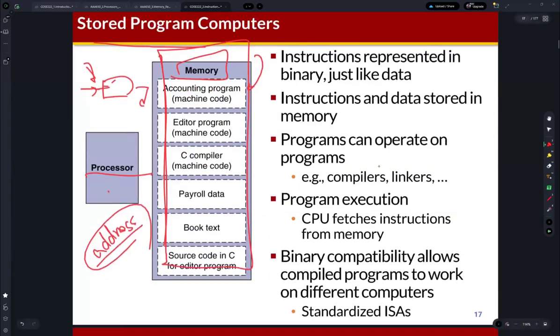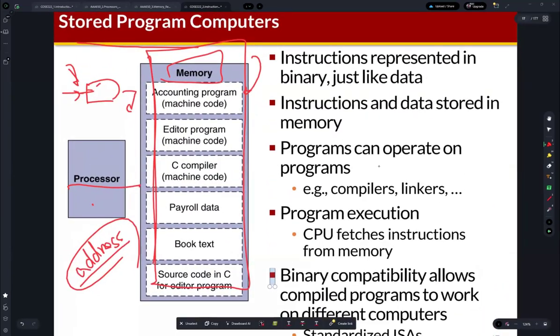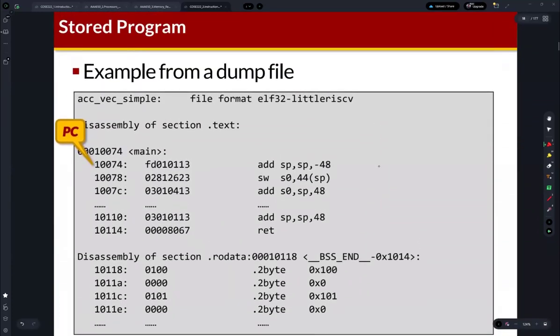So in a stored program computer, the instructions are also in memory. The processor reads instructions from memory by using addresses. Okay, you need to understand this.